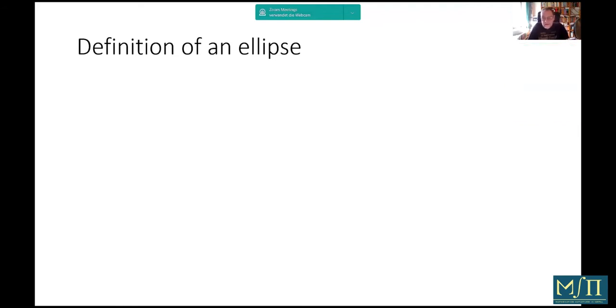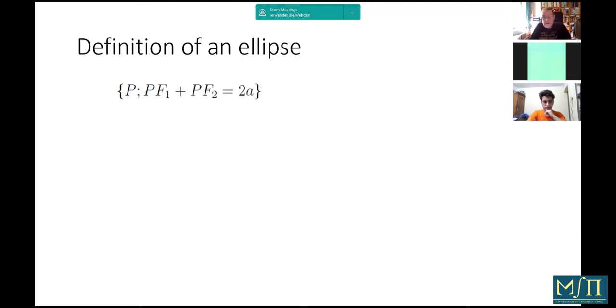Of course, these are equivalent definitions, and they're also equivalent to the definition that I'll be using, which I also assume that you'll probably be familiar with. The definition of an ellipse is the set of all points that have the property that the sum of their distances from two given points that we normally call the foci, F1 and F2, is some constant, and we name the constant 2a.